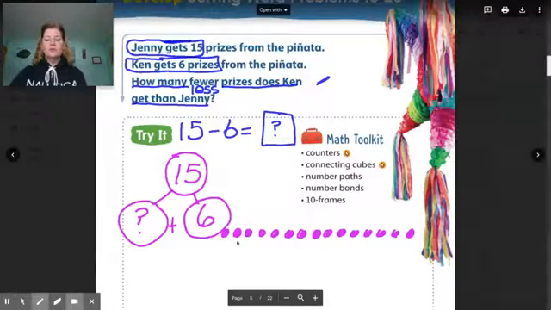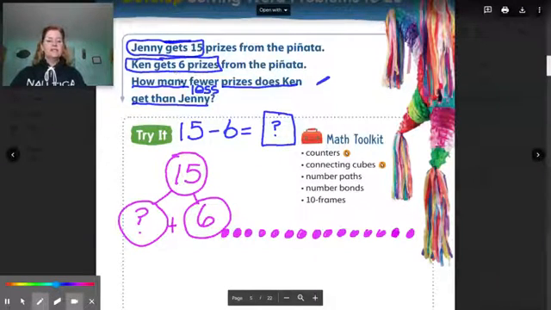I'm going to squeeze one in there. Good. Okay. Remember, pause at any time.